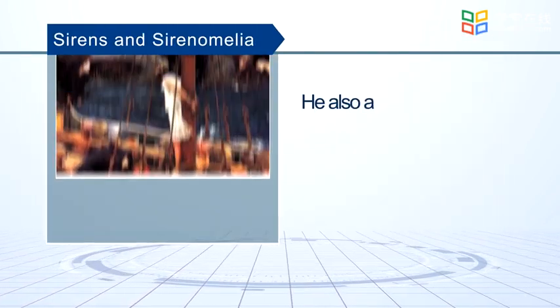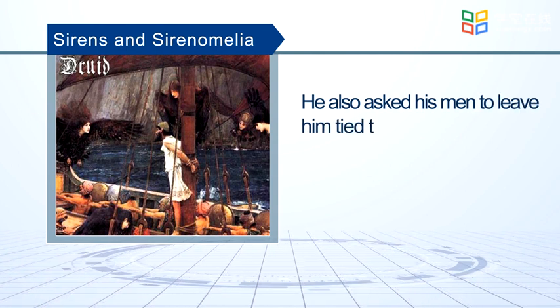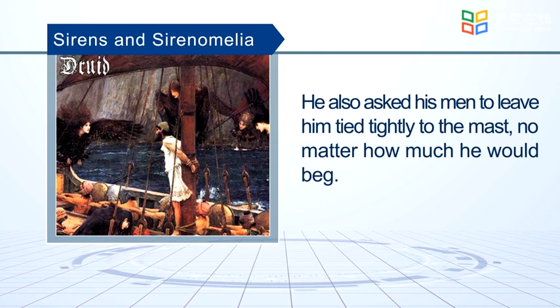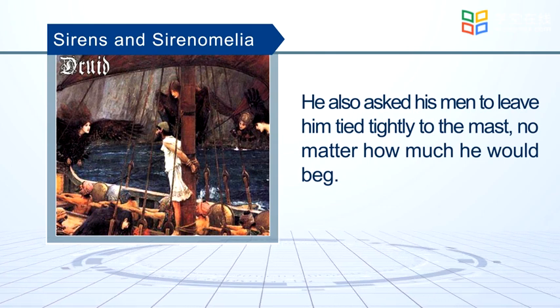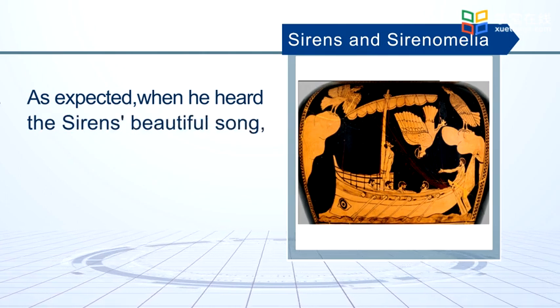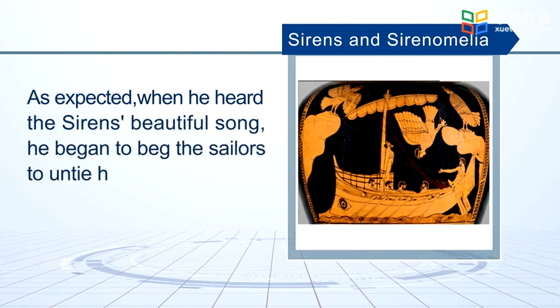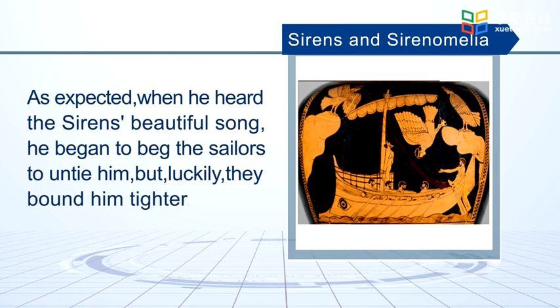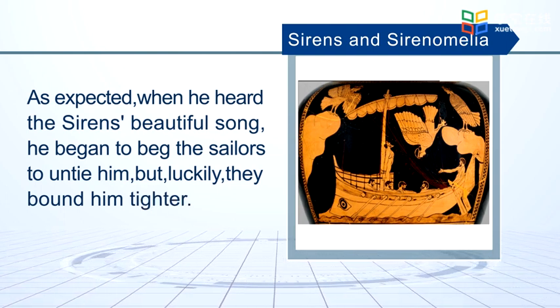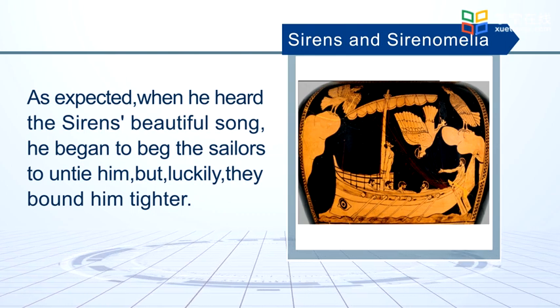He also asked his men to leave him tied tightly to the mast, no matter how much he would beg. As expected, when he heard the Sirens' beautiful song, he began to beg his sailors to untie him, but luckily, they bound him tighter.